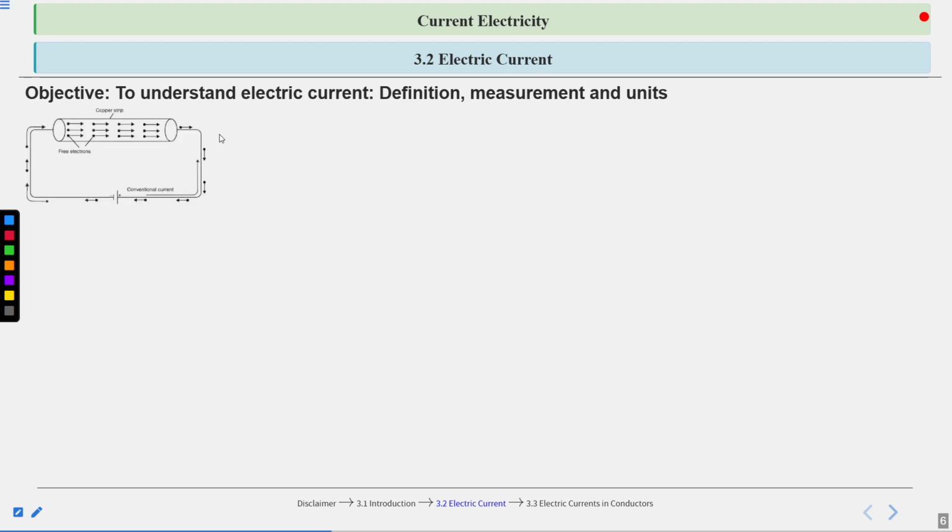So this is again a diagrammatic representation. Here is a copper strip. Since it is a conductor, a large amount of free electrons are present in it. When we connect this copper strip with a battery, an external source, this is the positive terminal of the battery, this is the negative terminal of the battery.